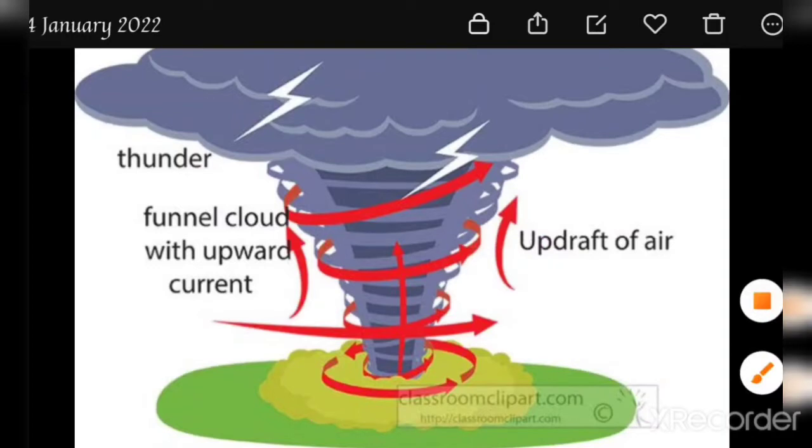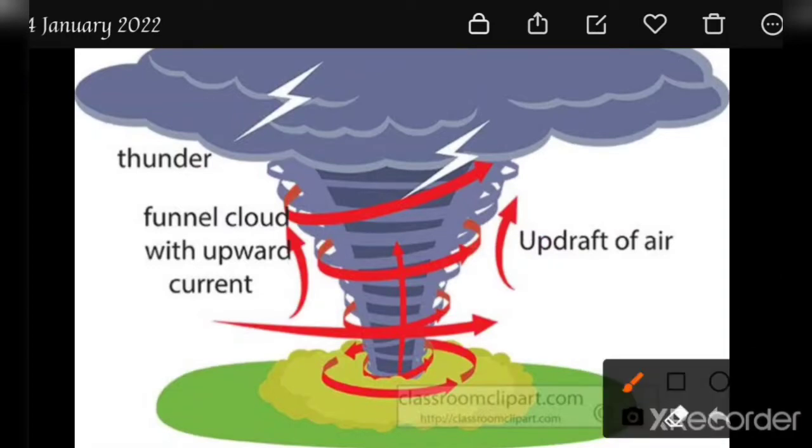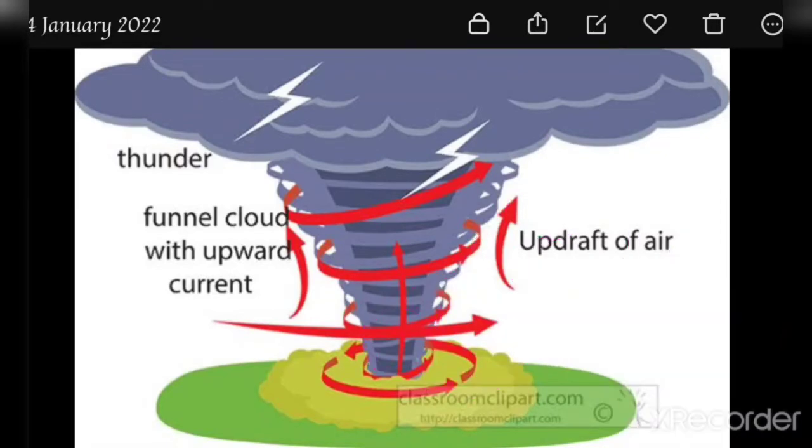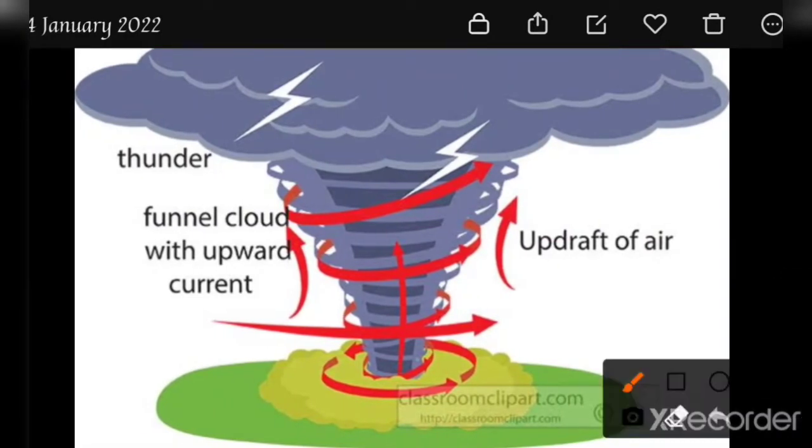Slowly and gradually the updraft air, meaning the warm air which is rising up, will push this horizontal cylinder and make it vertical, in the manner shown in the figure.